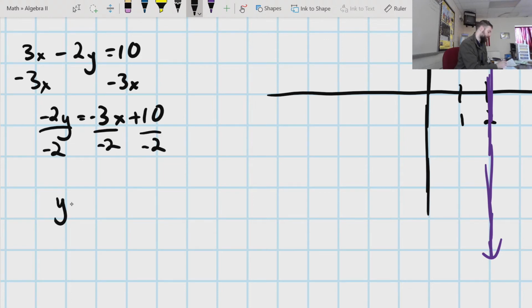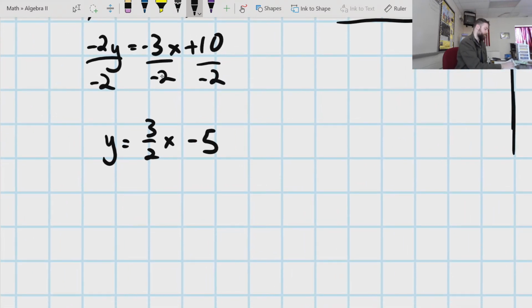And I get y equals 3 over 2x minus 5. Negative 3 divided by negative 2 is positive 3 over 2. 10 divided by negative 2 is negative 5. Negative 2y divided by negative 2 is positive 1, or just y.